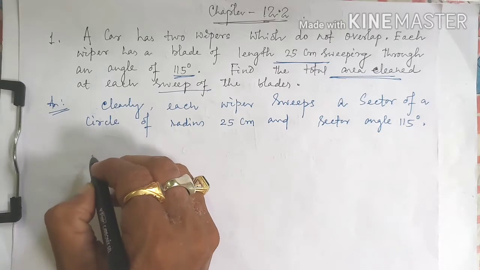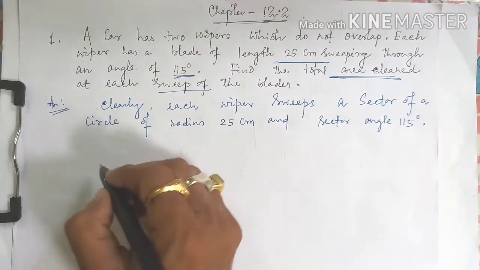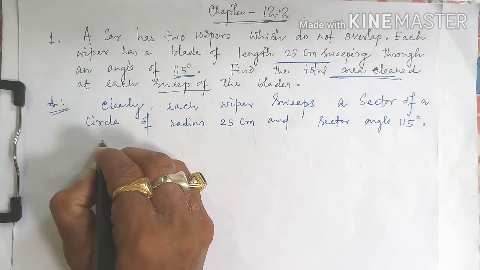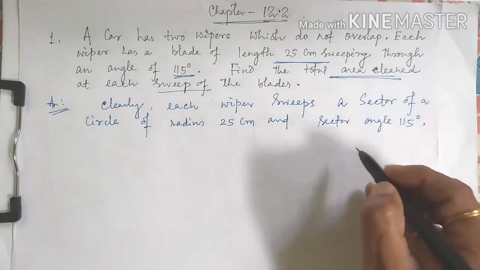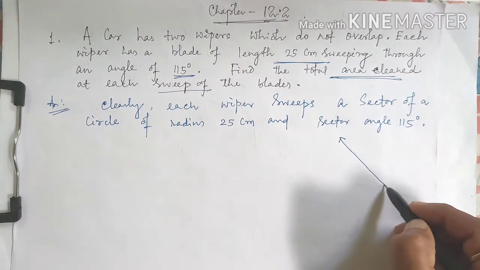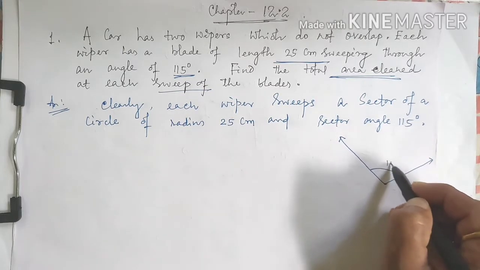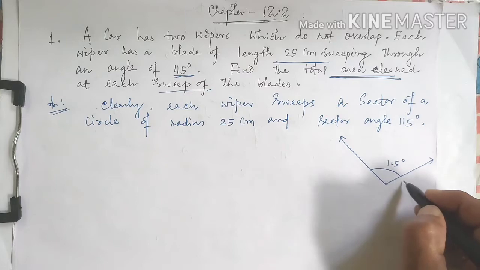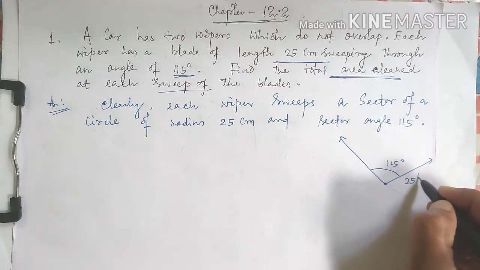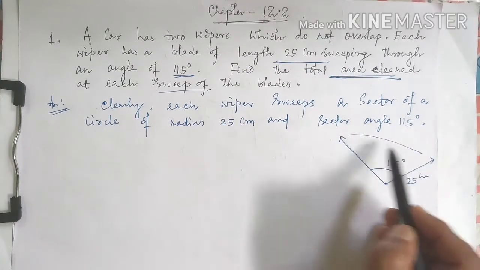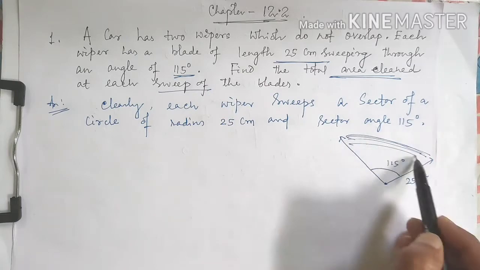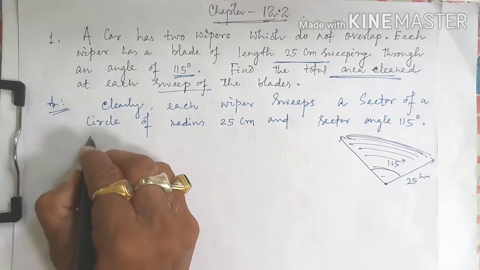That means the total area cleaned in each sweep is the area of the sector. Suppose this is the wiper, and it covers 115 degree and the radius is 25 centimeter; the total area it covers is the area of the sector.